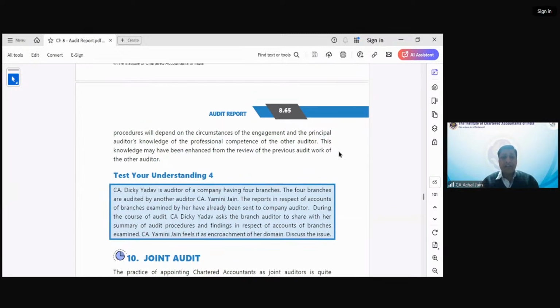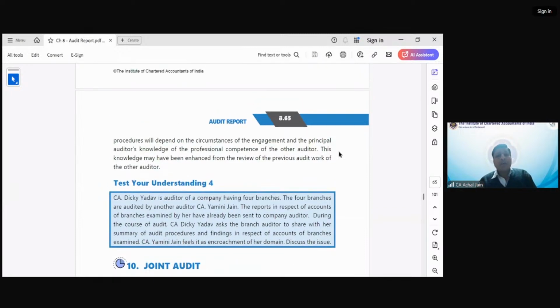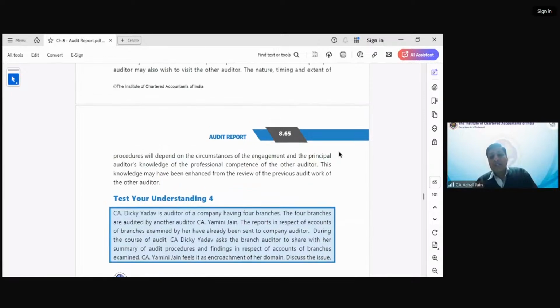Let's look at this case scenario. CA Dicky Yadav is the auditor of a company having 4 branches. The 4 branches are audited by another auditor, CA Yamini Jain. Reports in respect of accounts of branches examined by CA Yamini have already been sent to CA Dicky.